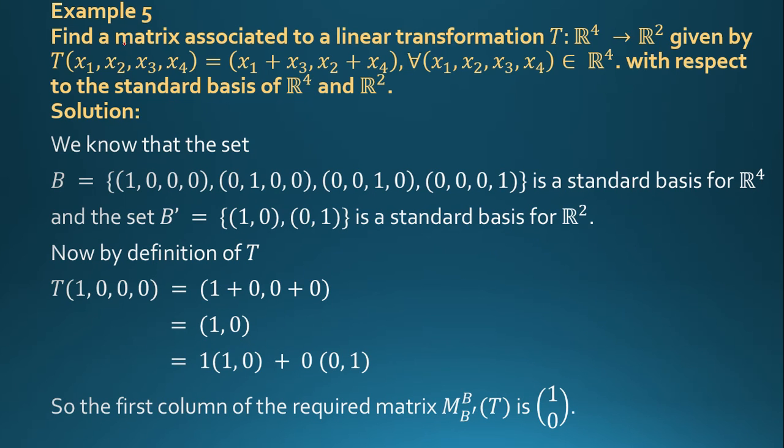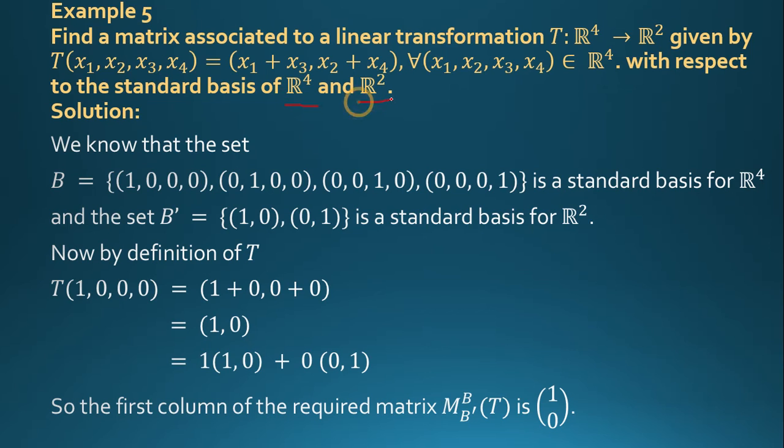Second example: find the matrix associated to a linear transformation T from R4 to R2 given by the definition T of (x1, x2, x3, x4) is equal to (x1 plus x3, x2 plus x4) for every component belongs to R4, with respect to the standard basis.